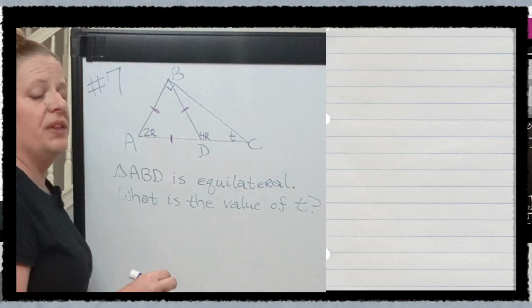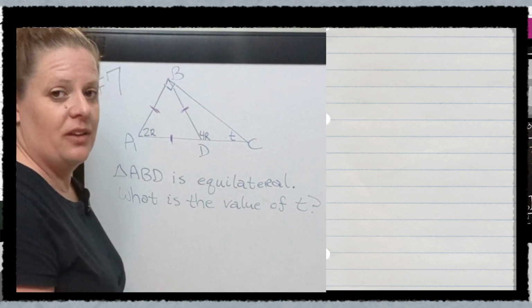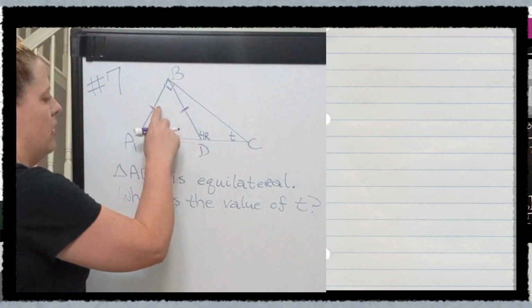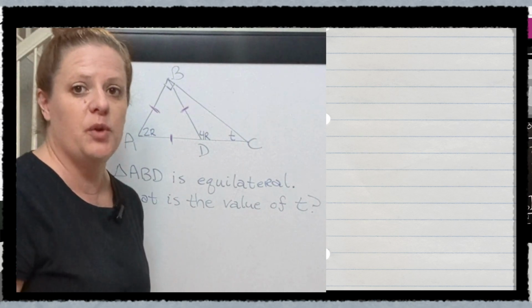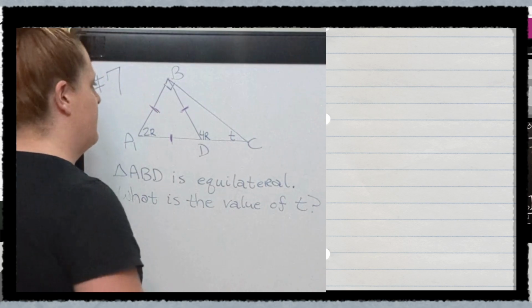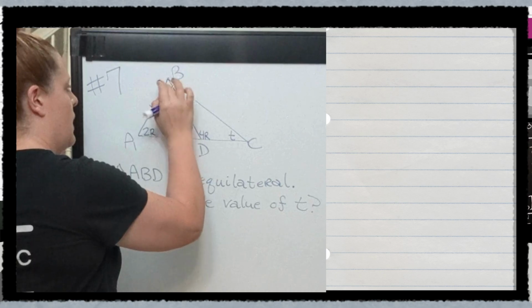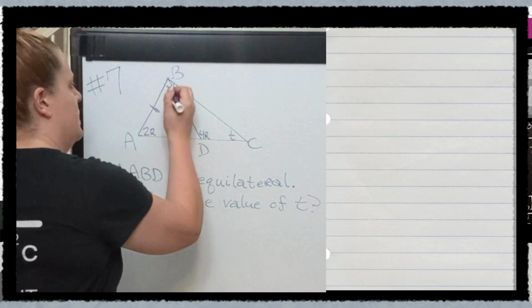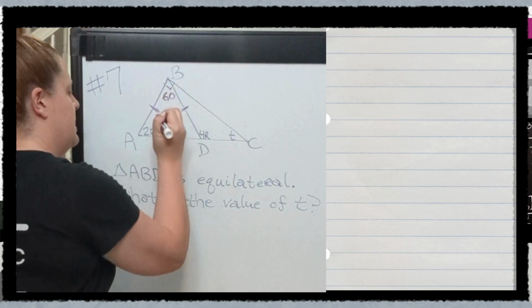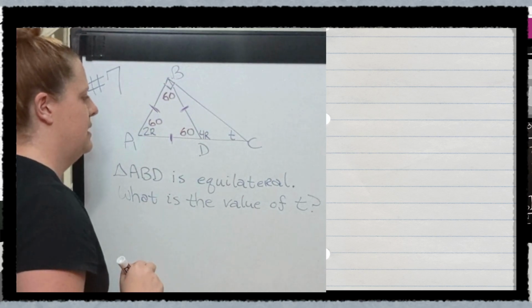Now, when you have an equilateral triangle, it is also equiangular, meaning equal angles. So all three of these angles have to be equal to one another. Together, they have to be 180. So 180 divided by 3, they have to share those degrees equally. Oh, wow, that's not working. Let me get a different one. I'll get some more markers. 60, 60, 60.